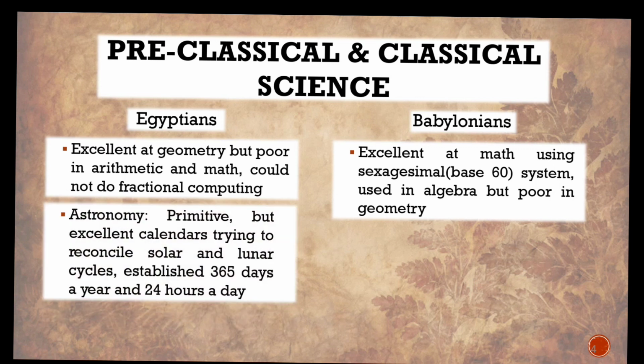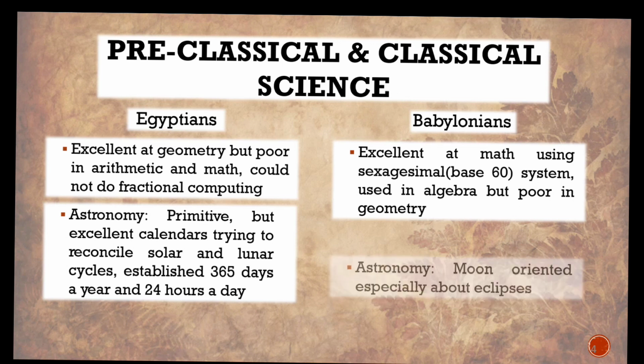Then when it comes to astronomy, the Egyptians are primitive, but with excellent calendars trying to reconcile solar and lunar cycles, establishing the 365 days a year and 24 hours a day. So our knowledge about the number of days in a year as well as the number of hours in a day are from the Egyptians.